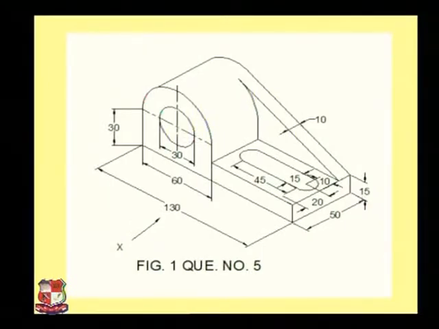Now look at the figure. It has been given that from the x direction we need to take the projections for the elevation, and from the reference to the x arrow we need to take the plan. We will see how we can draw.